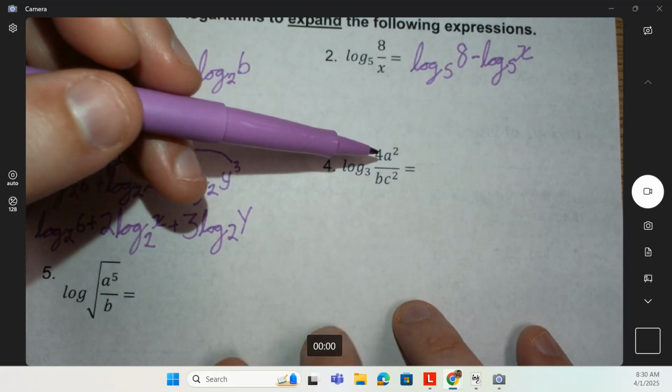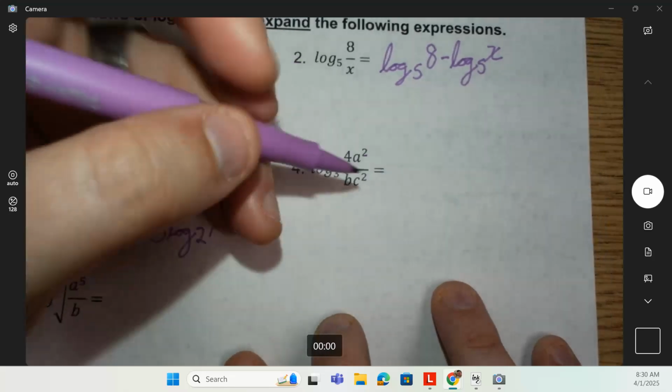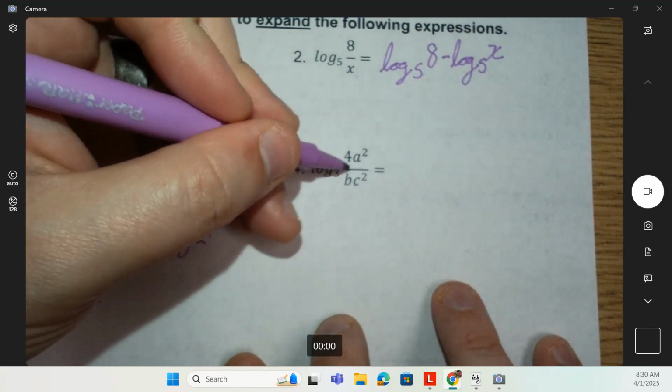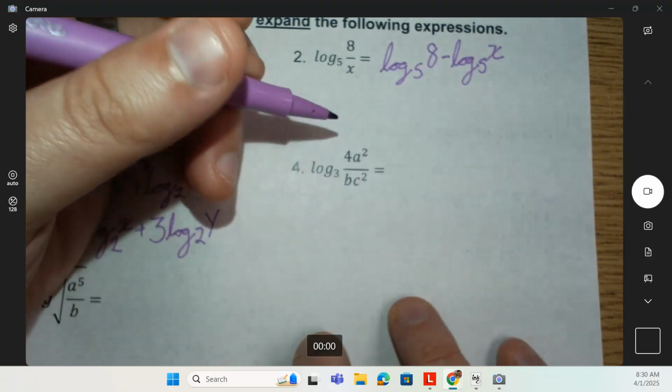I'm going to split this apart into 2 separate sections. So just know that anything that's in the denominator here, we're going to subtract. Anything in the numerator is going to add.